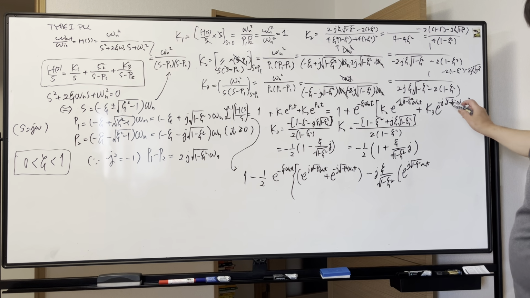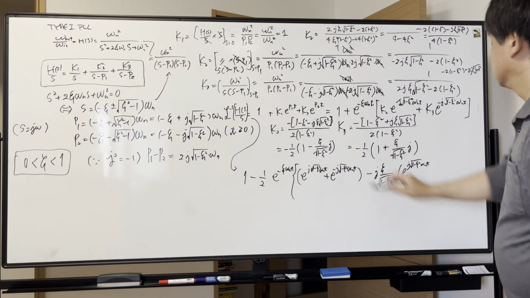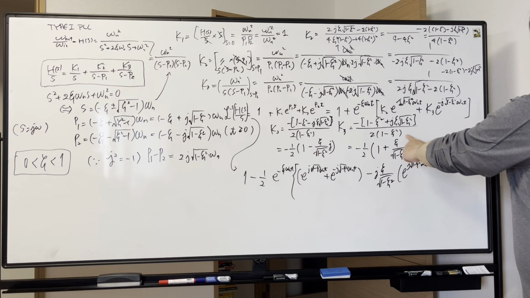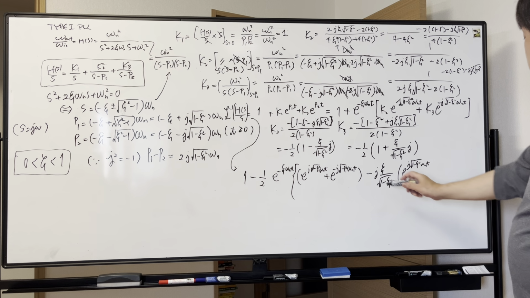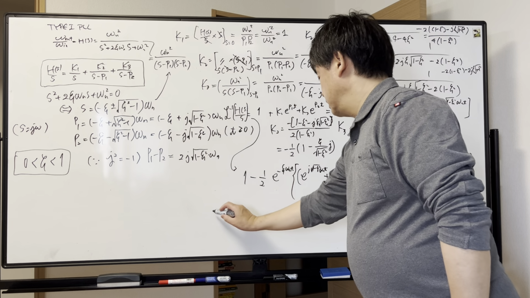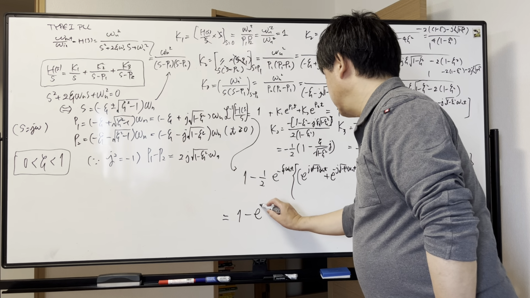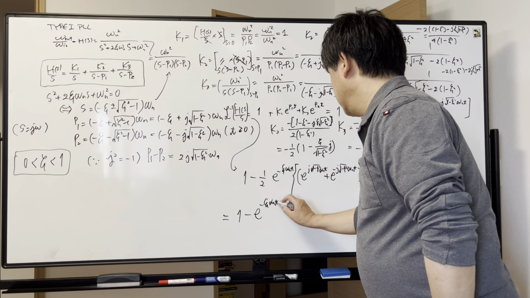Okay. And then in this case, the case of k3, this one plus, factorize minus 1, so this is minus e to the minus j square root of 1 minus zeta square omega n t. This is going to be 1 minus e to the minus zeta omega n t.